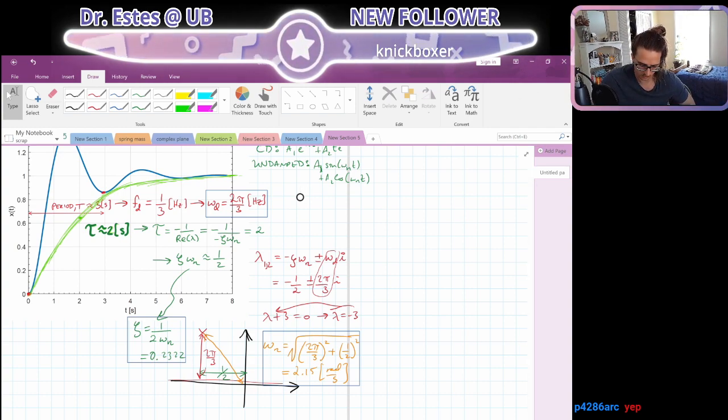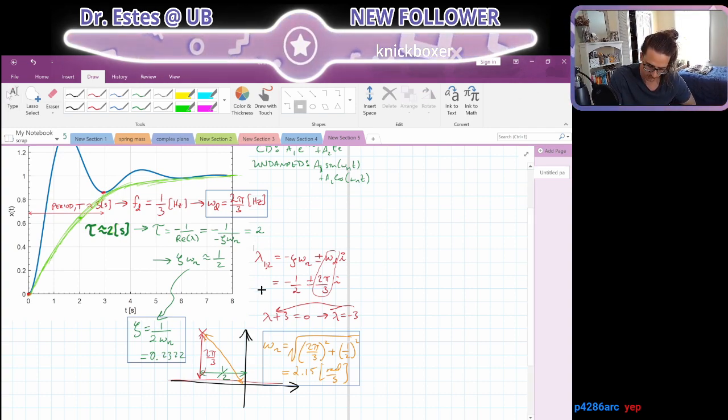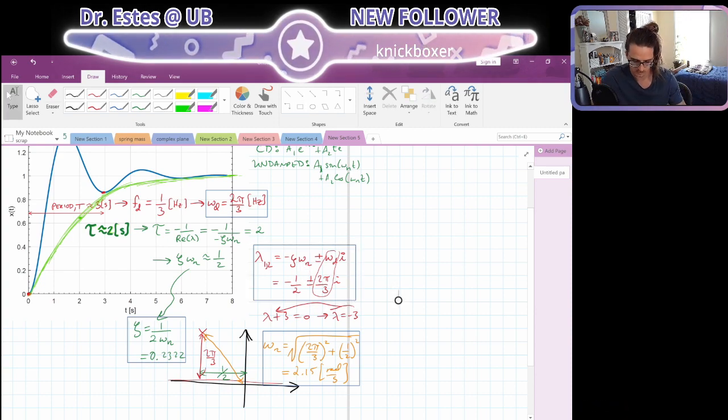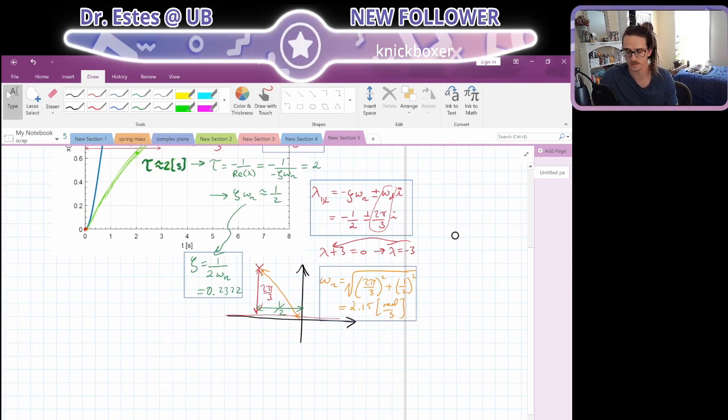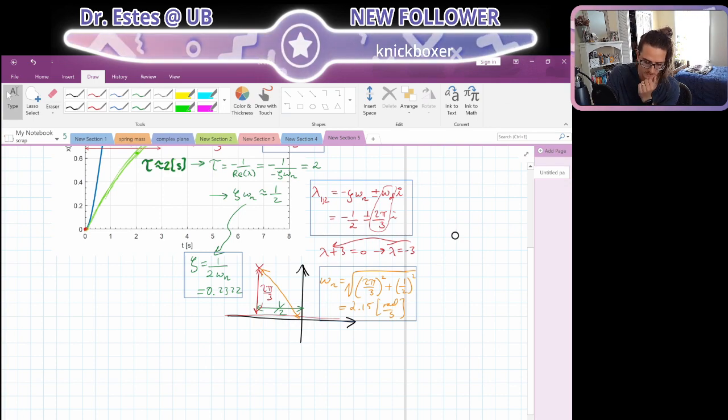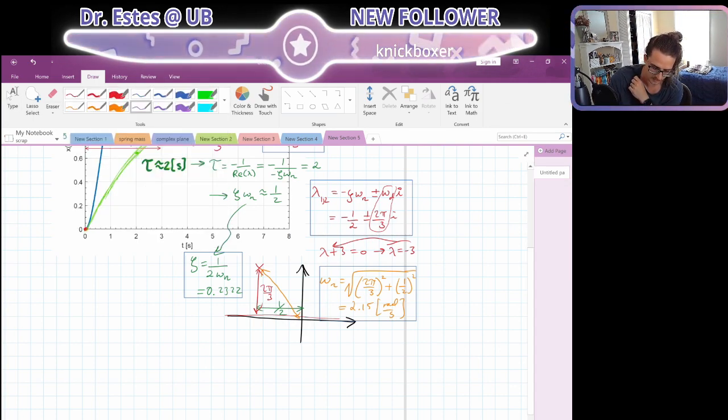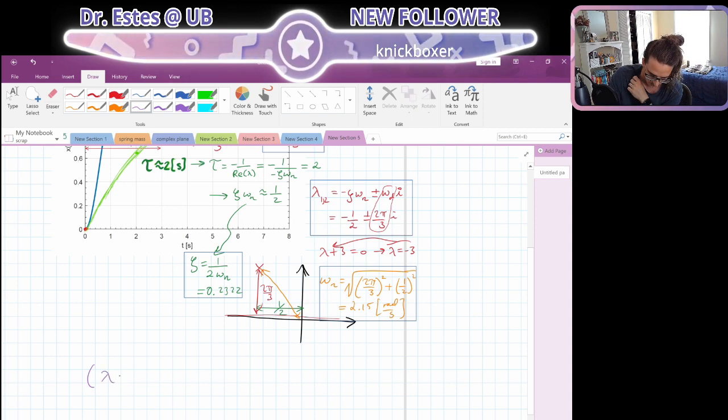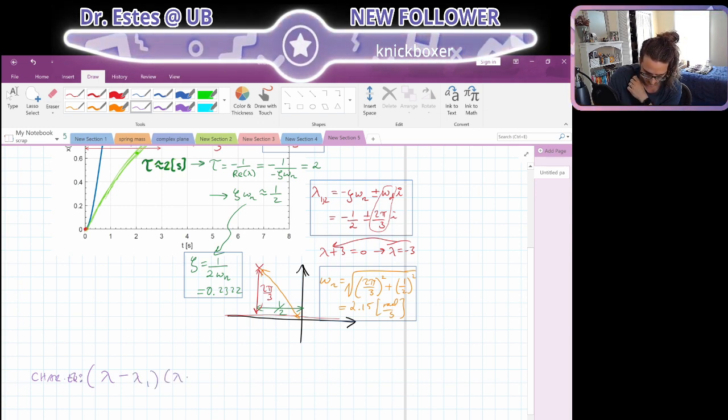All right. So this is another big part. The roots. Okay, so how do you get the characteristic equation? Once again, if you plug those roots into the characteristic equation, it will evaluate to 0. So the characteristic equation should be lambda minus lambda 1 times lambda minus lambda 2 equals 0.